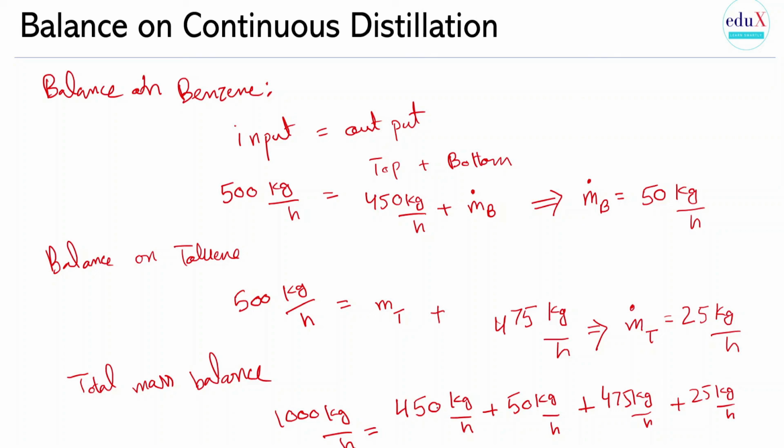If we sum all of them, it comes out to 1000 kg per hour, which is equal to the input value. So we successfully solved this problem.